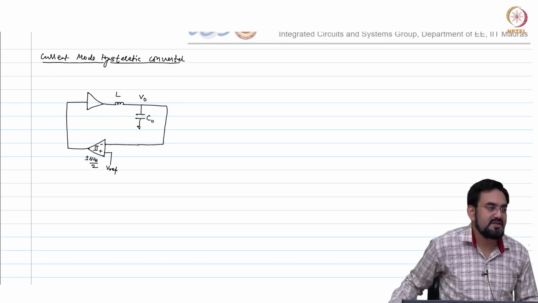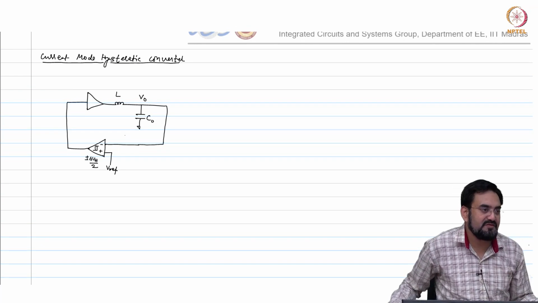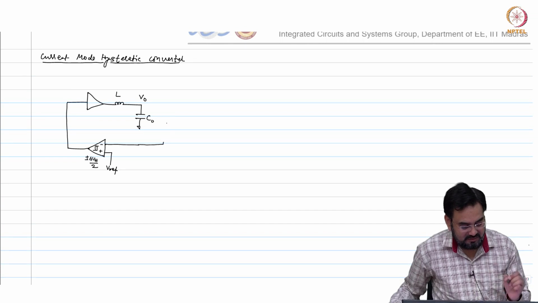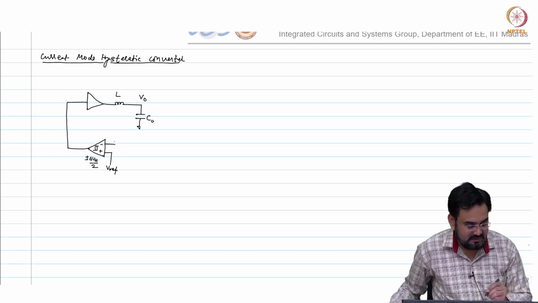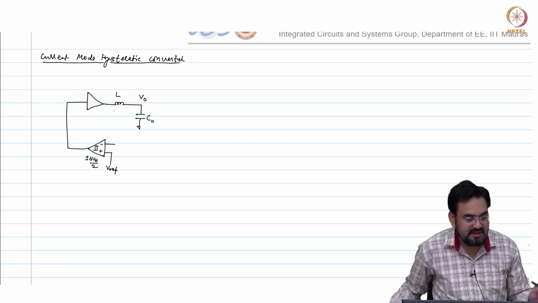So, this was our voltage mode. Now, instead of feeding this, we want to feed the inductor current. So, I will just remove this, which means I need to sense this current. So, how can I sense this current?